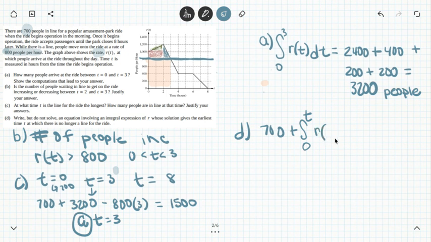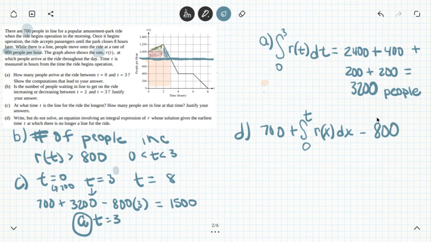And then in here, instead of using a t, because I'm trying to answer in terms of t, you can just sub in some other variable. We're just going to integrate this thing. And that's going to be the number of people that have arrived. This is the number of people already there. From that, I'm going to subtract the number of people leaving.